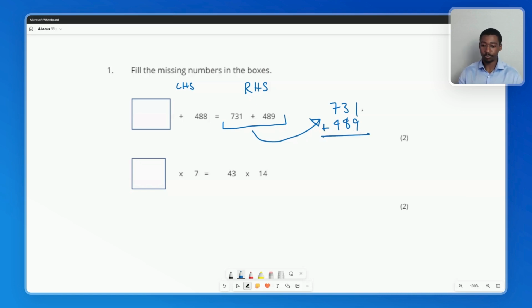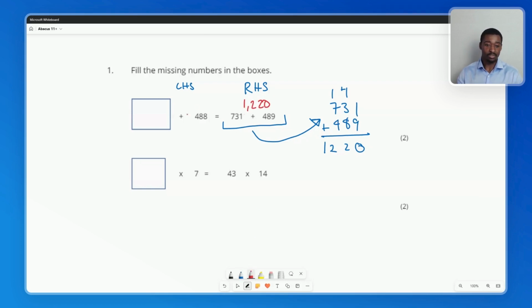It won't be too slow. So 1 plus 9 gives us 10, so 0, carry the 1. Then we have 3 plus 8 giving us 11, plus the 1 gives us 12. Then we have 7 plus 4, 11, plus the 1 again is 12. So we have 1,220 on the right-hand side.